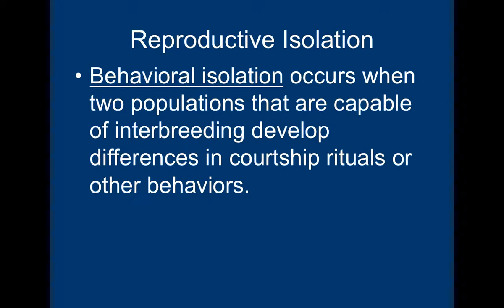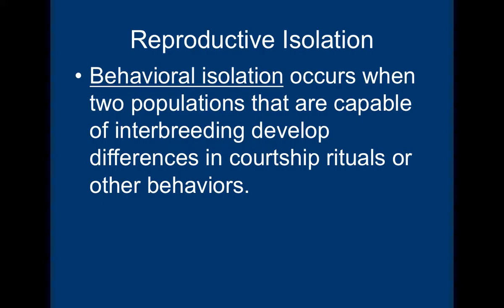So let's go through these different types of isolation. Behavioral isolation: they're capable of interbreeding, but because of certain behaviors that they develop, they don't. There are new courtship rituals, maybe other behaviors that keep them from breeding with each other.